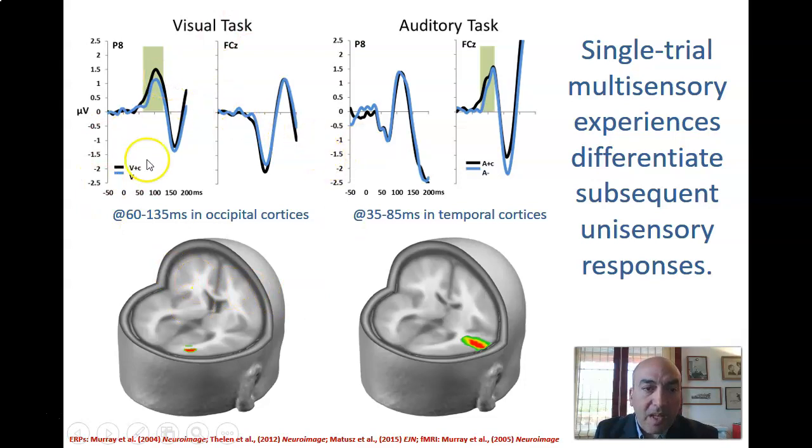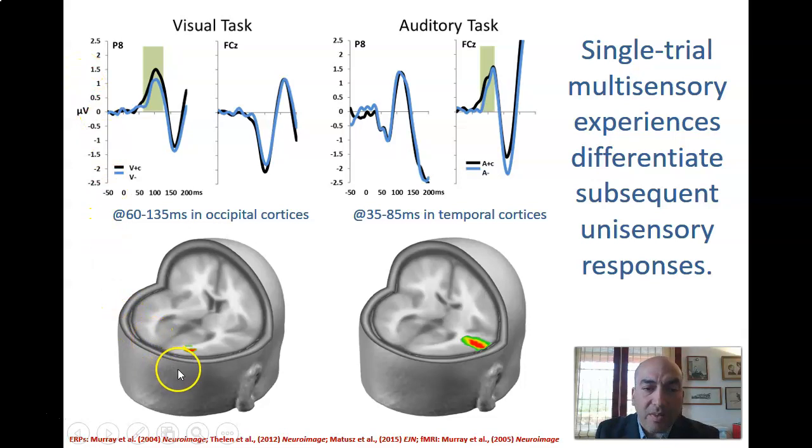For example, if we look at the event-related potentials to repeated visual stimuli that are just visual and unisensory, but have different multisensory pasts, either multisensory and semantically congruent or just unisensory, event-related potentials first differ to these visual stimuli starting at 60 milliseconds according to how they had been previously encountered.